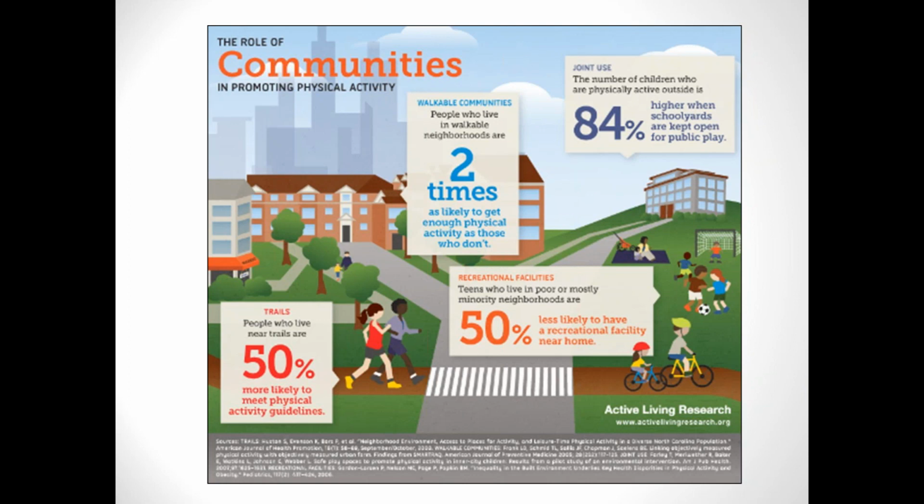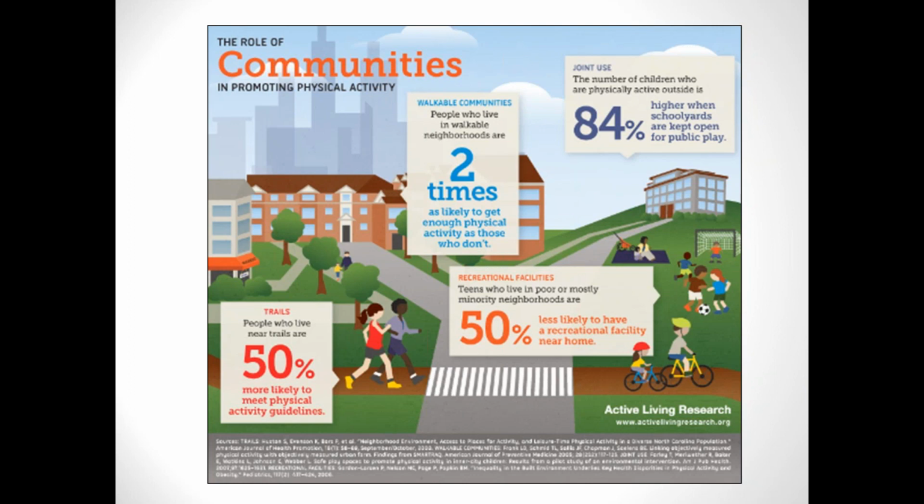neighborhood design. Because people in walkable neighborhoods are 2 times as likely to get enough physical activity as those who do not. The number of children who are physically active outside is 84% higher when schoolyards are kept open for public play.